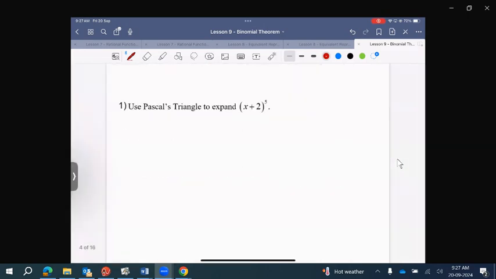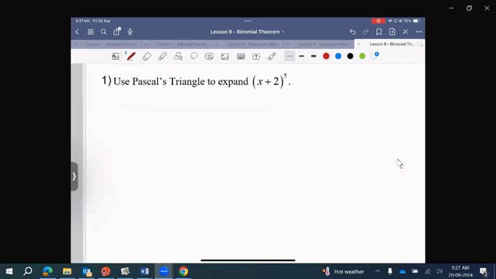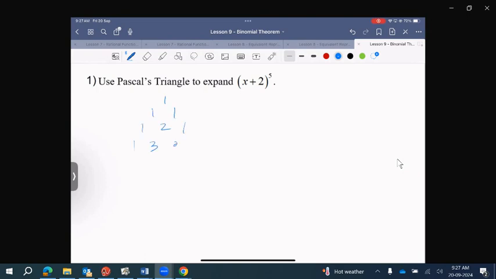So we have this question here: using Pascal's triangle, make this expansion. The way we would do it is we would start off by expanding our Pascal's triangle and generating it for ourselves. And then counting 0, 1, 2, 3, 4, 5.